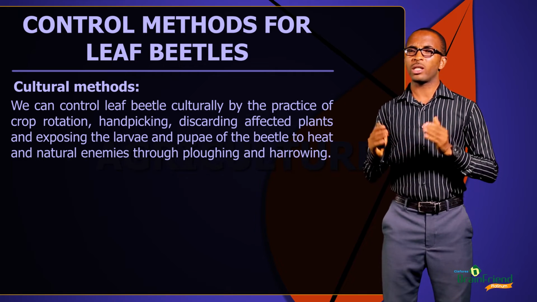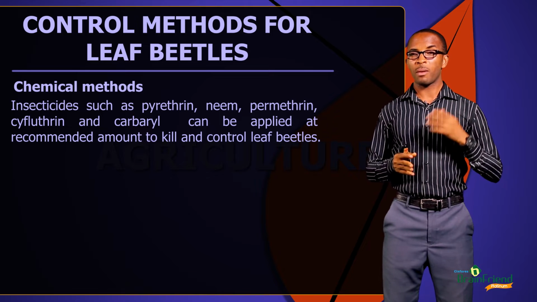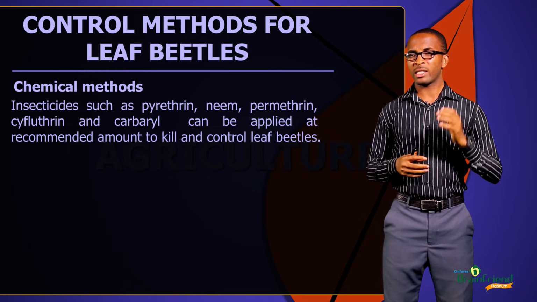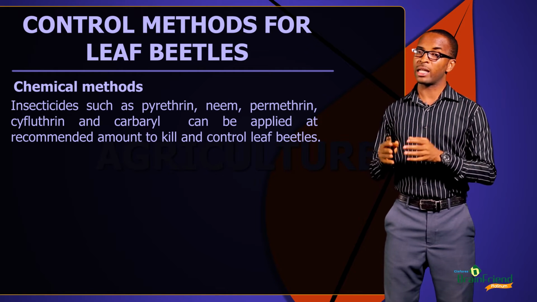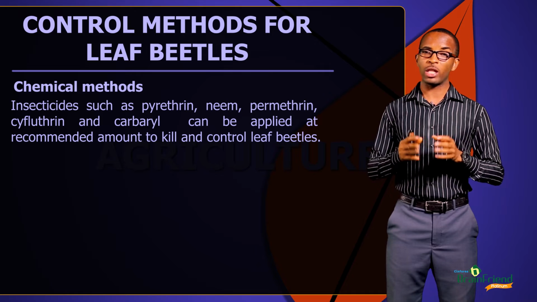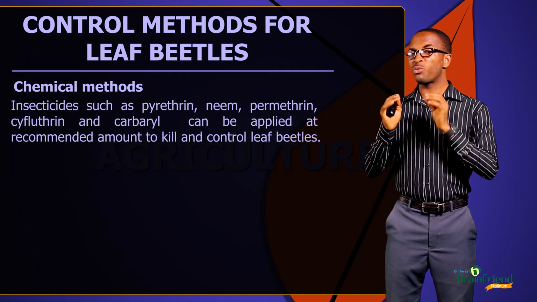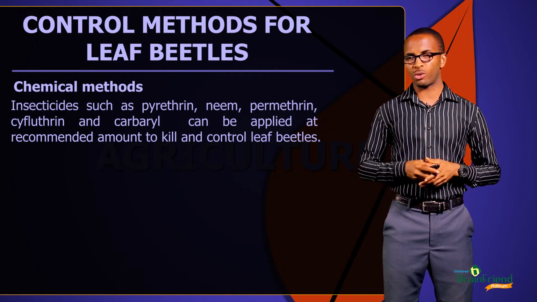Now let's talk about the chemical method. Some insecticides such as pyrethrin, neem, permethrin, cyfluthrin, and carbaryl can be used to control these pests. These insecticides are applied at the recommended dosage or amount to control these leaf beetles.